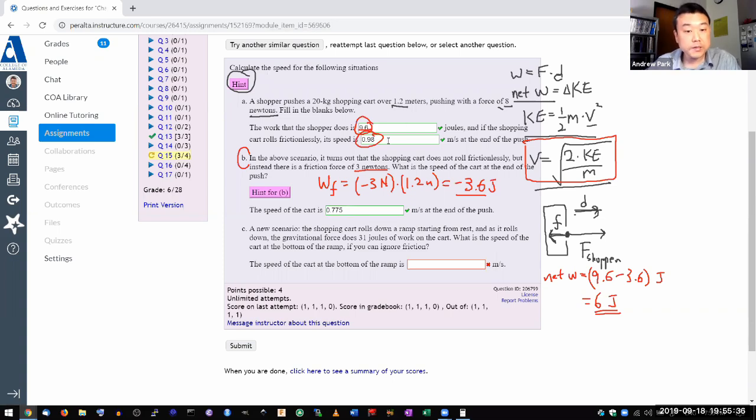And so if there's a friction force, then the speed of the cart is slower than it would have been without friction, which I hope makes intuitive sense. All right, let's keep going.